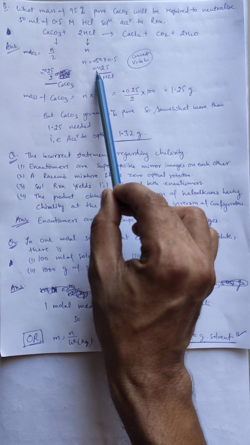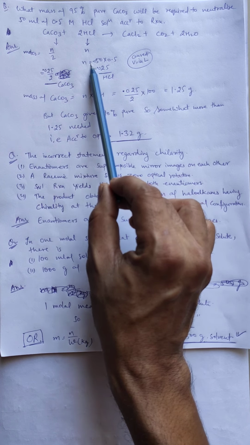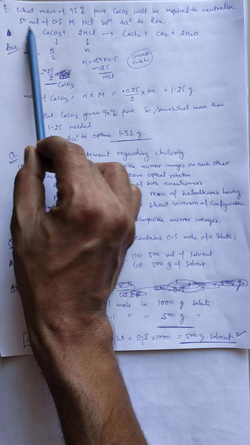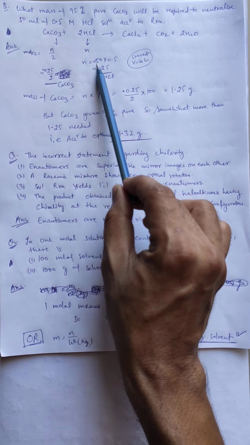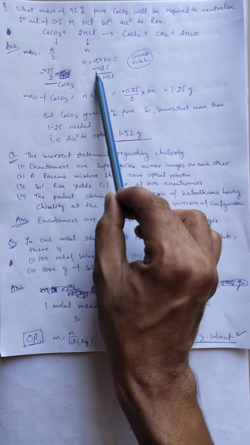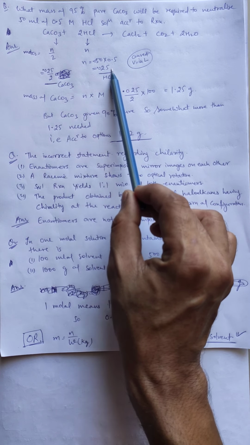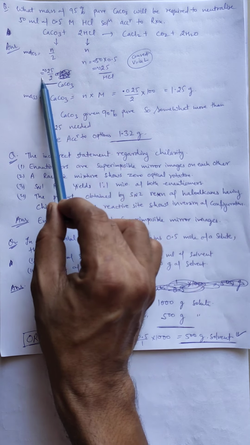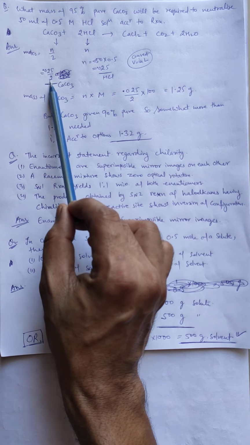First convert this volume in liters, because in molarity the volume is in liters. So the moles are 0.025 HCl. Now the moles of CaCO3 will be half of this, so it is 0.025 by 2.